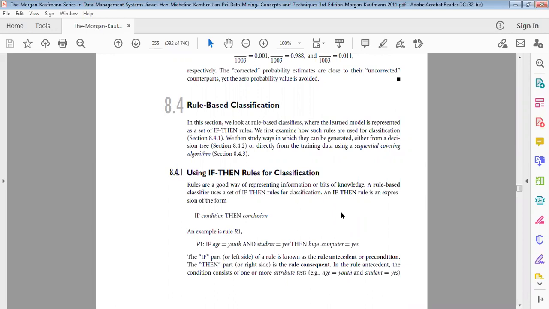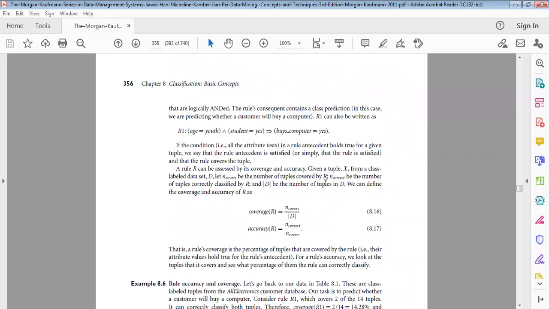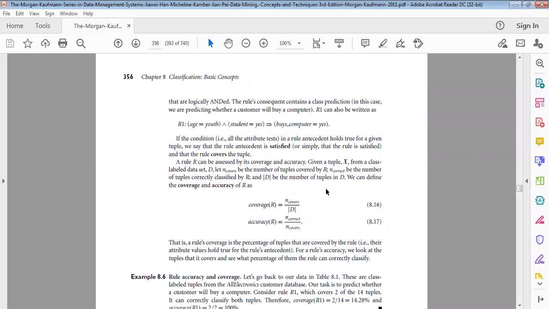And he has the ability to buy the computer. This can simply be represented as a rule-based classification. If the age is youth and the student is yes, you buy the computer yes.